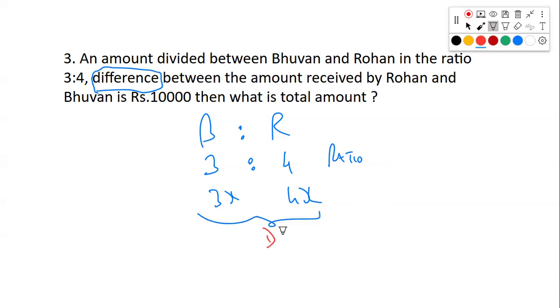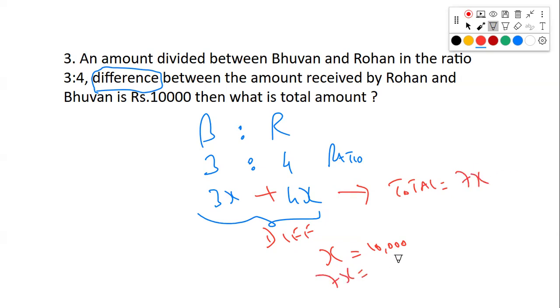The difference is x, plain simple difference. There is nothing like minus x here. X is equated to 10,000. Then what is the total amount? The total is 7x. So my 7x equals 70,000.